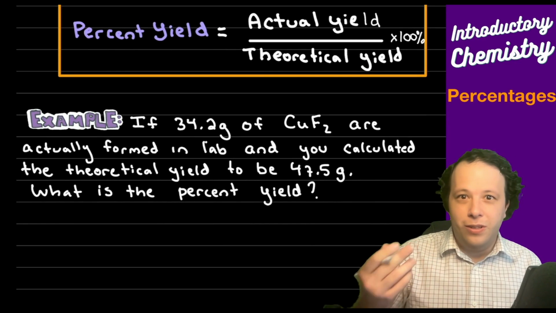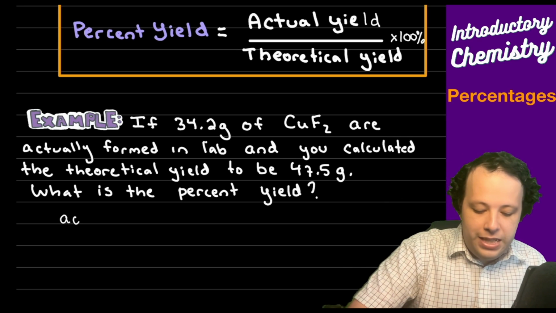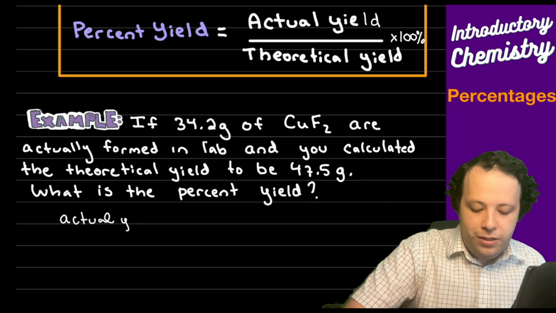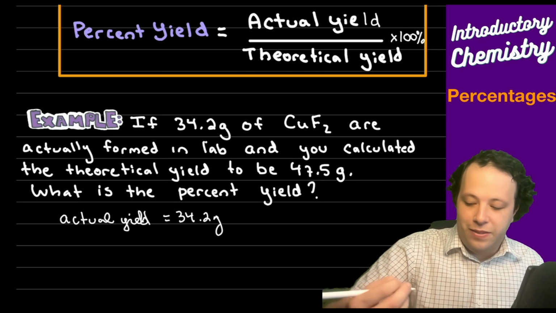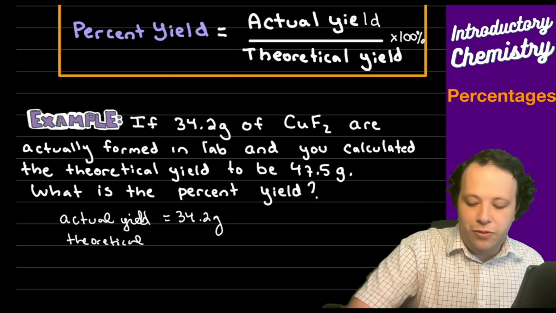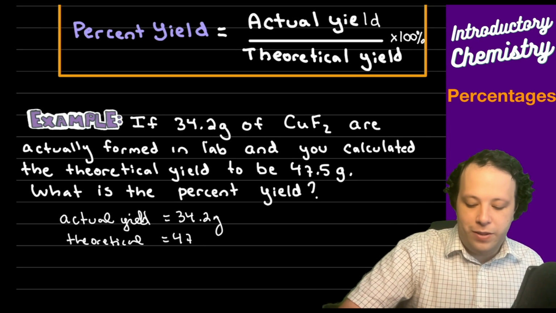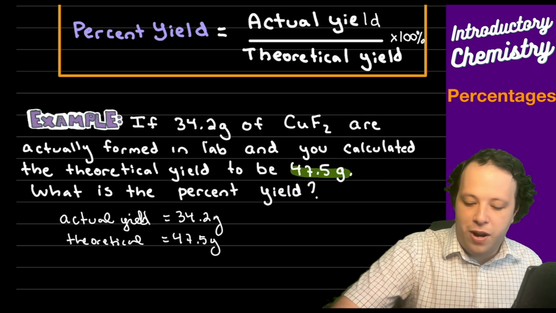We have our actual and theoretical, so we have to map out every number. The actual yield is equal to 34.2 grams. Then we also have that our theoretical yield is equal to 47.5 grams. We have all these values in our problem.